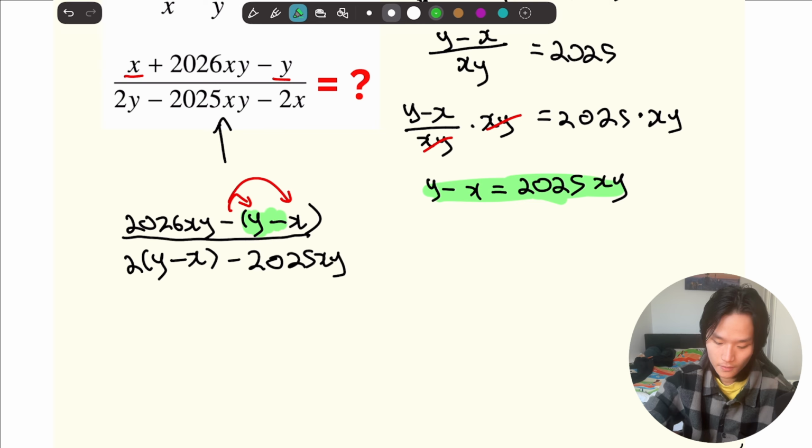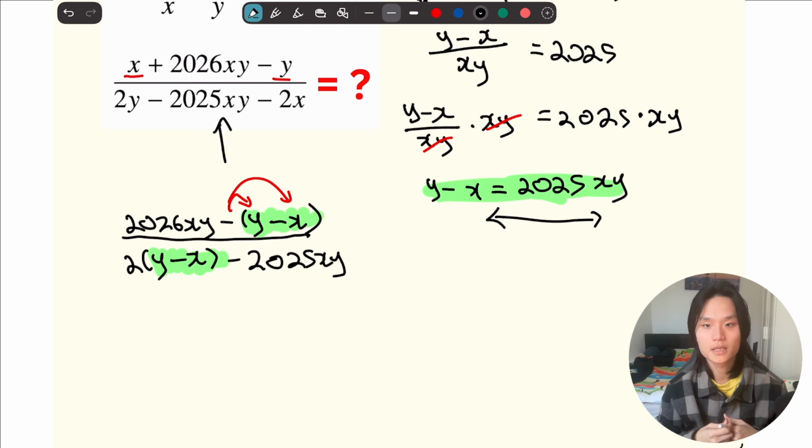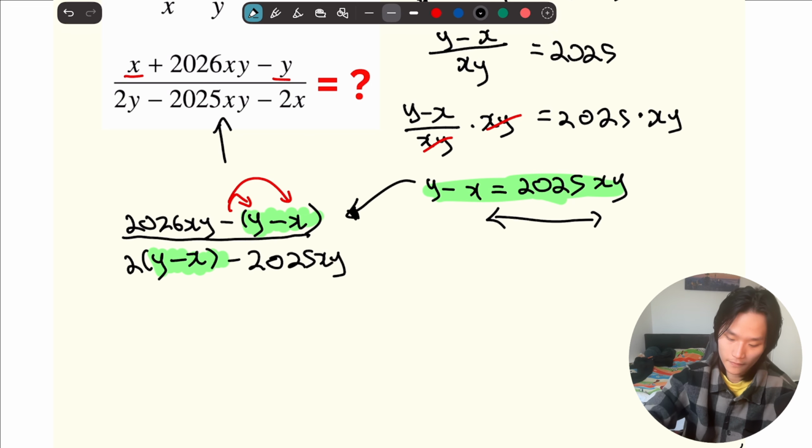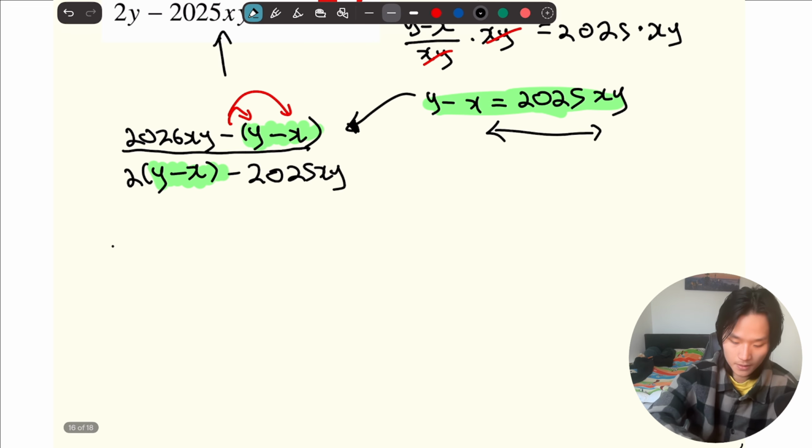Now notice that we have some y minus x's within this whole fraction. We have this y minus x, and then 2 times y minus x. Now on here we found that y minus x is just 2025 multiplied by xy. So let's substitute that into our fraction.